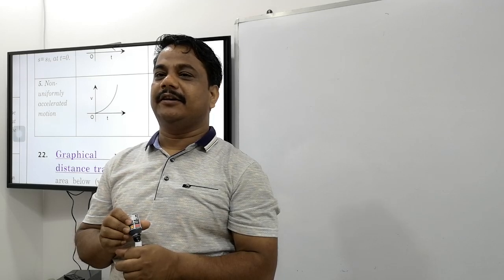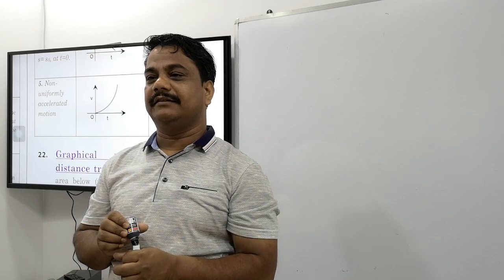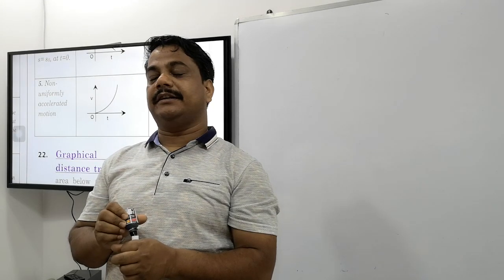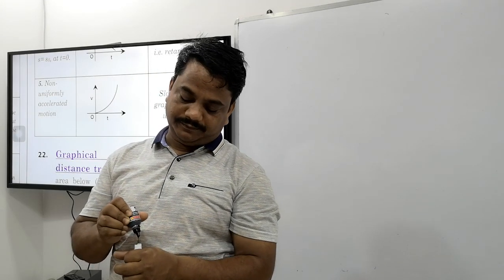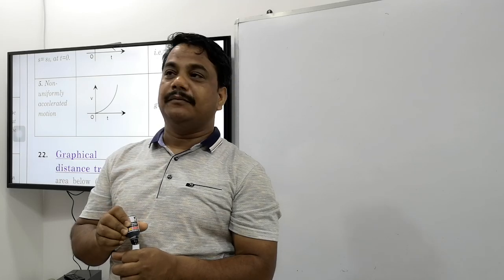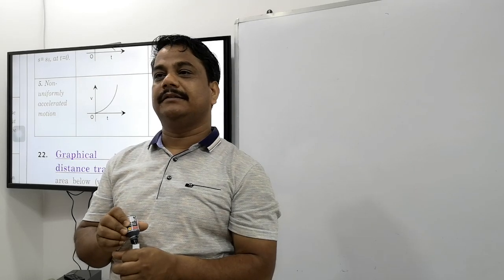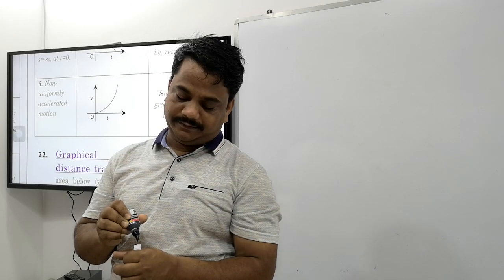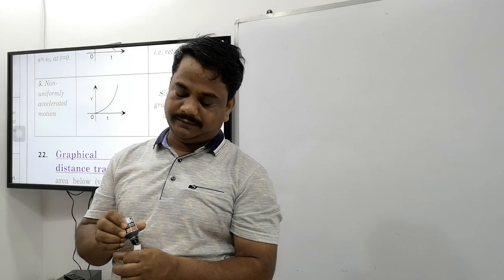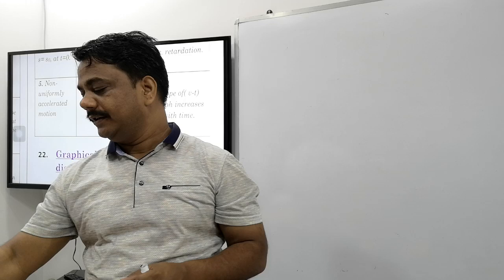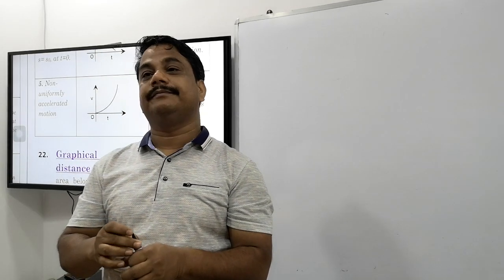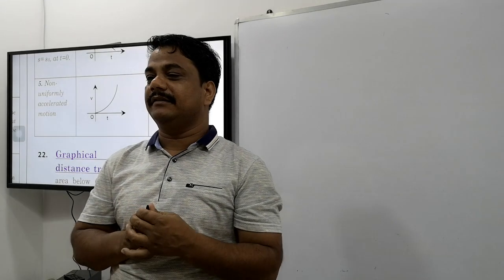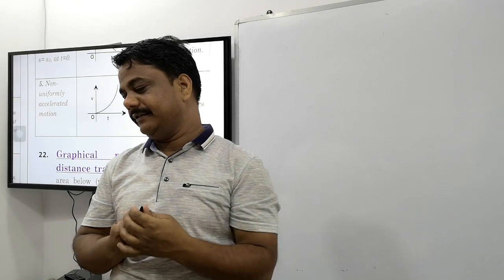I'm repeating this: when an object moves with constant acceleration, that is, equal change in velocity in equal time interval, then the motion of the object is said to be uniform accelerated motion. Is that clear? And the VT curve gives the information about acceleration.